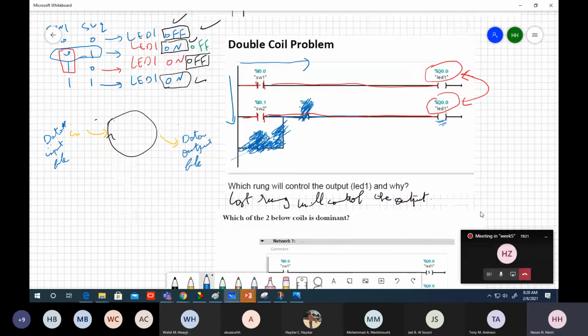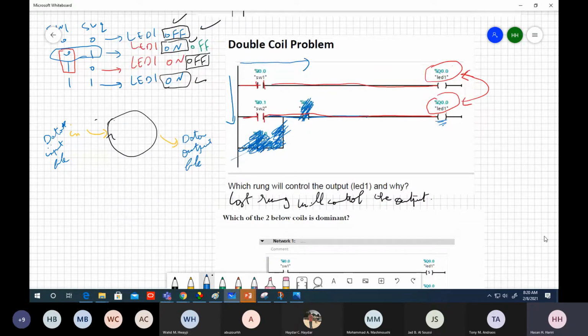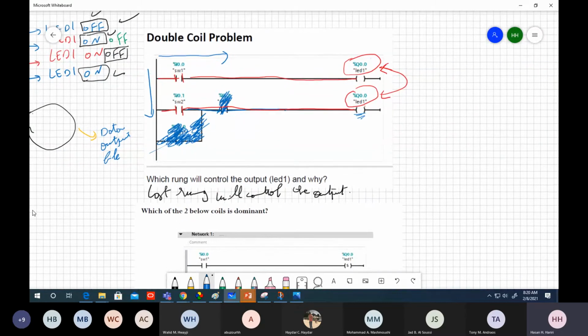No, this is a LAD program connected to a PLC. So here you have the input module of your PLC, and here you have the output module interface of your PLC, and you are connecting to it a switch chain, two switches, and here is the LED 1, and inside here you write your program.